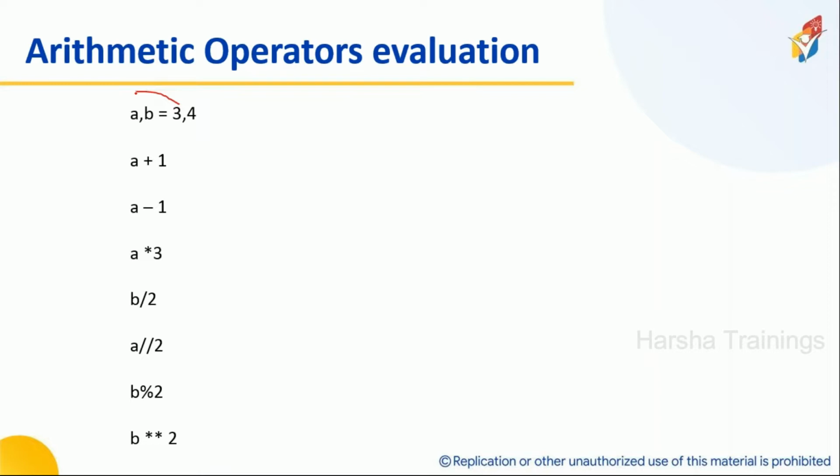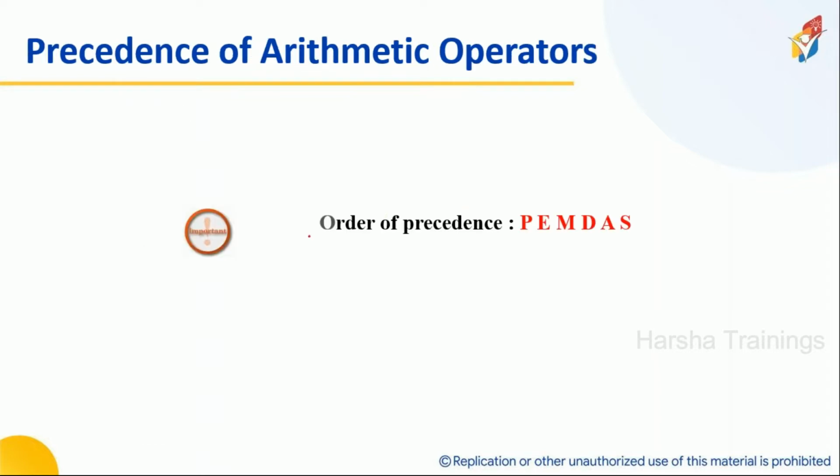While using these arithmetic operators, we have to follow a formula. P stands for parenthesis, E stands for exponent, M stands for multiplication, D stands for division, A stands for addition, and S stands for subtraction.